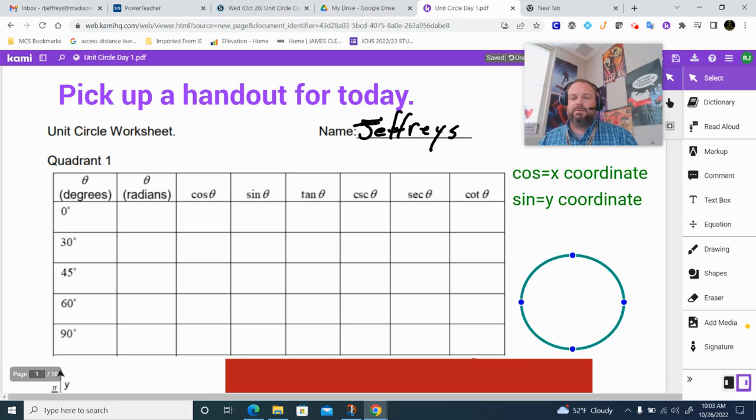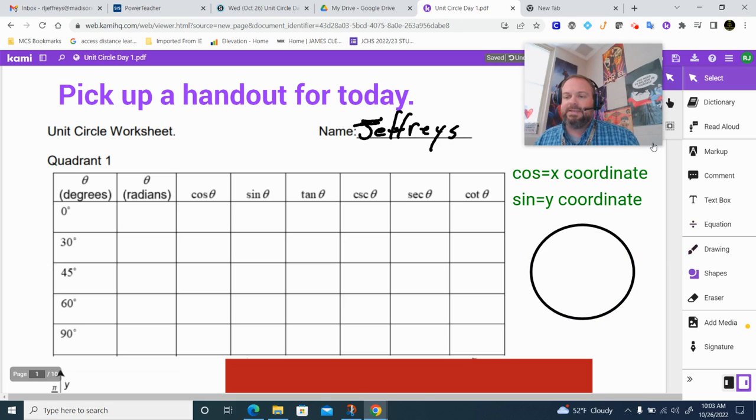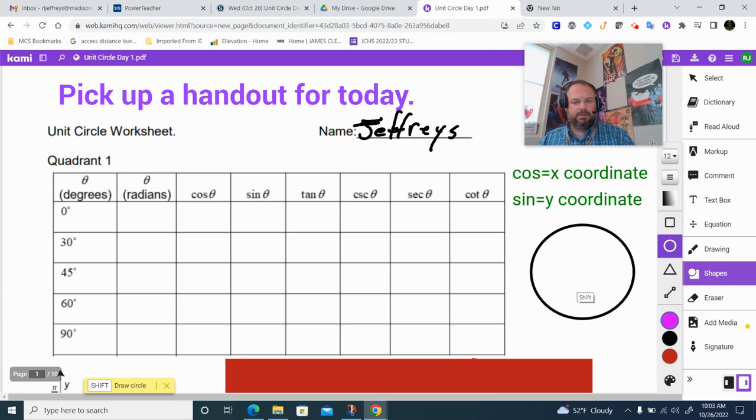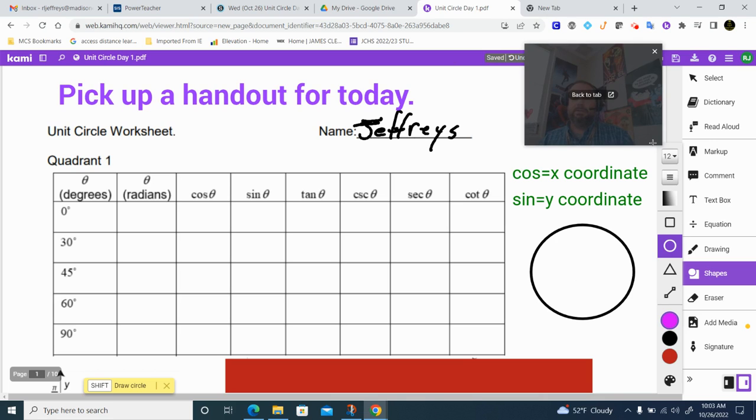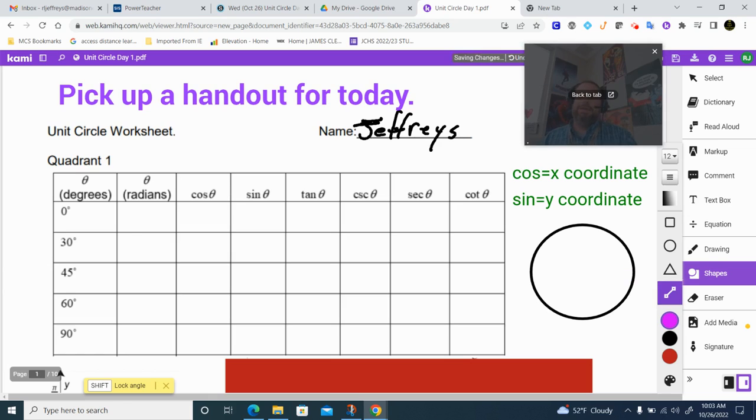All right. So this is the circle, and we have these lines. That's a thick line.